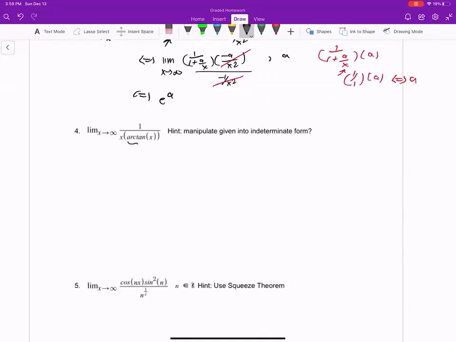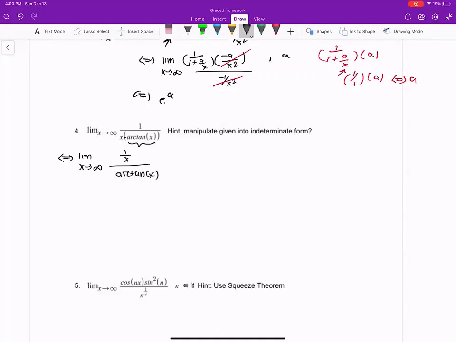Also notice that you know the derivative of arctan x. So you could write that limit as x approaches infinity as 1 over x over arctan of x. There should be a negative sign there, sorry.